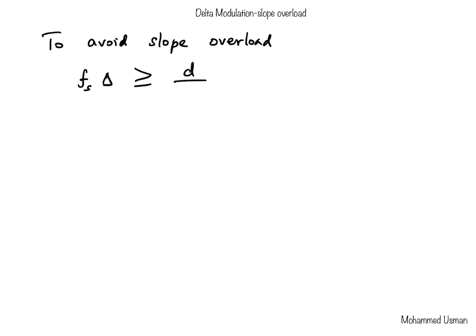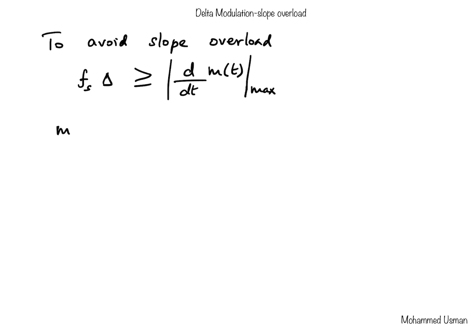So to avoid slope overload, this term fs delta should be at least the maximum slope of the input signal, which is the derivative of the input signal m of t, and we are interested in taking the maximum magnitude of that derivative. Okay, so if this condition is satisfied, then the slope overload would be avoided in delta modulation.